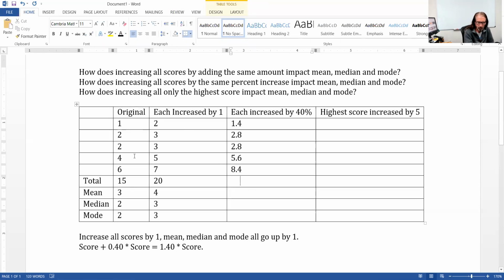That's going back to this column here, multiplying them all by 1.4. And so our new total, we've got 21. Divide that by 5, we should get 4.2, I believe. Yes. The median is still the third score. And since that is the same as the second score, that's the only place we have repetition, then 2.8 will be the median and the mode.